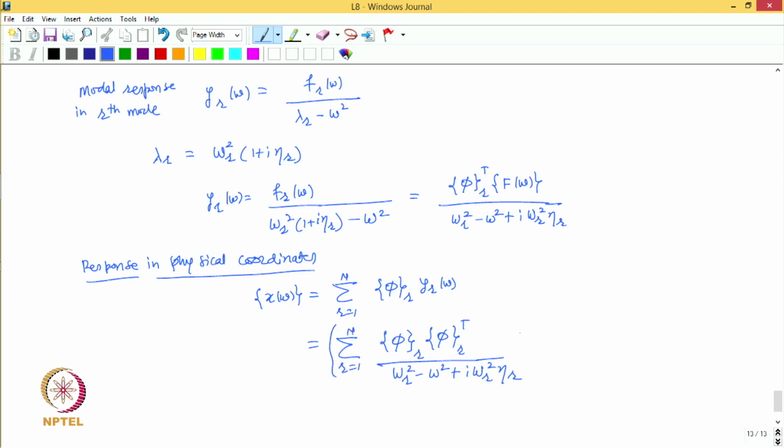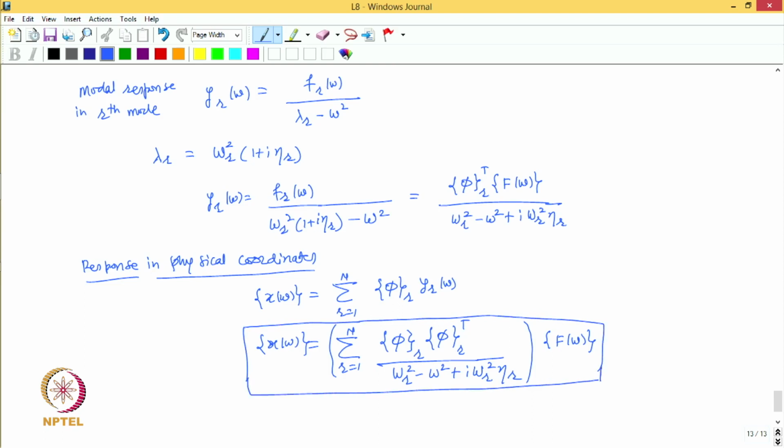And because f of omega is not dependent on the mode being considered, we can just take it outside, it is a constant for a given excitation. So this is the expression we got for the steady state amplitude of the response at frequency omega.